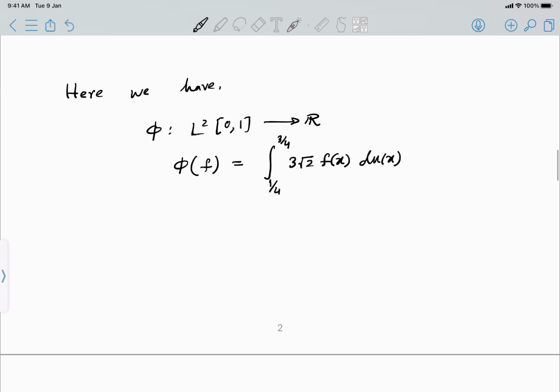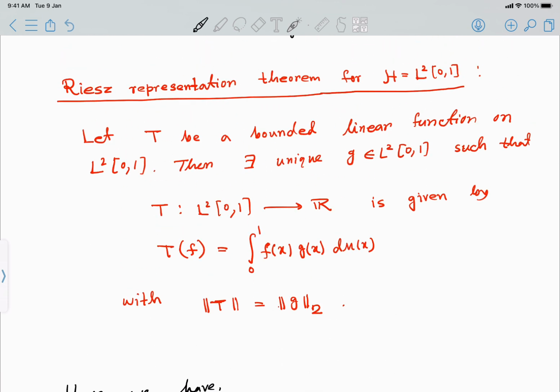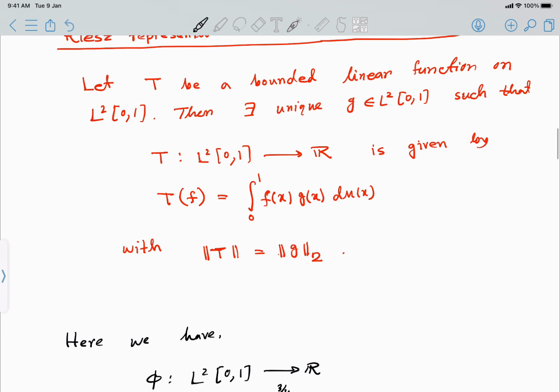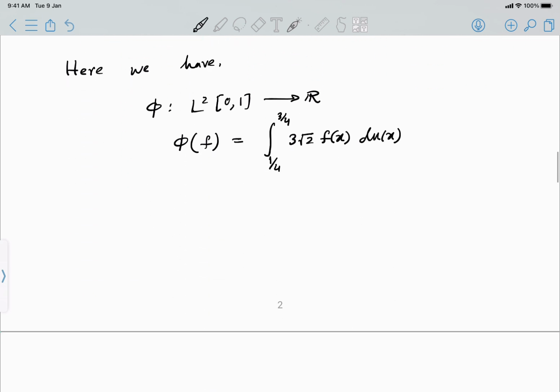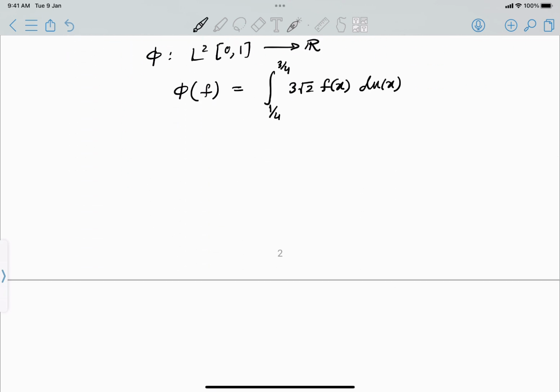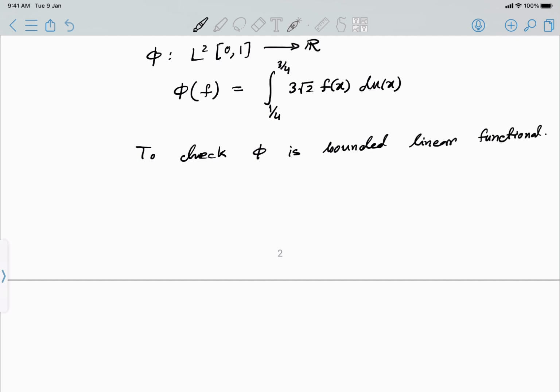So in order to calculate the norm of phi, to use the Riesz representation, we first have to show that this is a bounded linear functional. So let's check that phi is bounded. Linearity is clear by the definition, phi is linear.